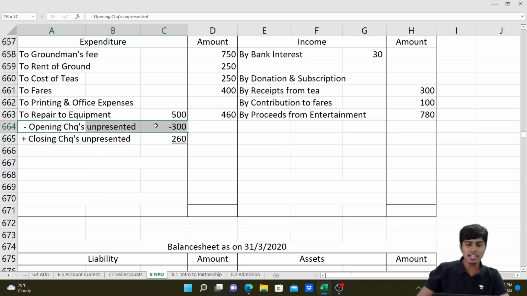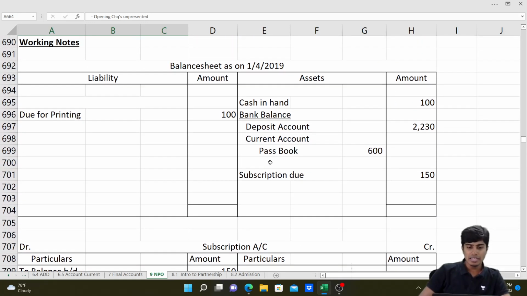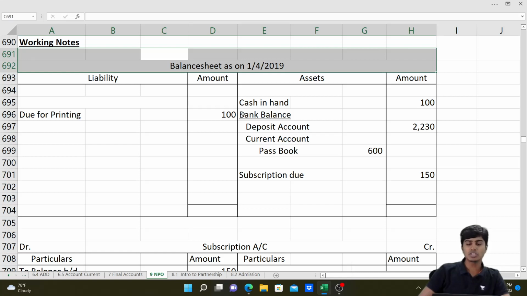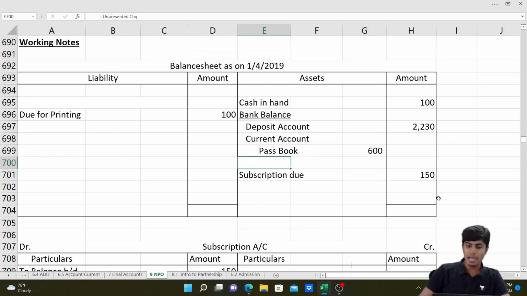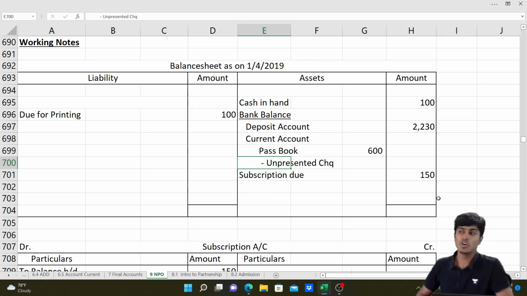Similarly, this opening check unpresented of 300 needs to be adjusted from the previous year's balance sheet. Let's come down to the previous year, and here in the balance sheet as on 1st of April 2019, we have balance as per passbook 600. From this, I would deduct unpresented checks, checks which are presented in the previous year, for which the expense is incurred in the previous year and benefit is taken in the previous year.